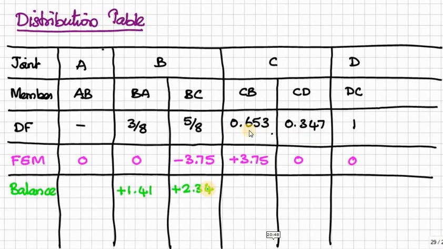That means 0.653 part of minus 3.75 should be distributed to CB, 0.347 part of minus 3.75 moment should be distributed to CD. Therefore, here minus 2.45 and minus 1.30. Okay.